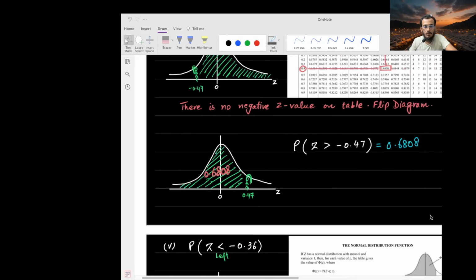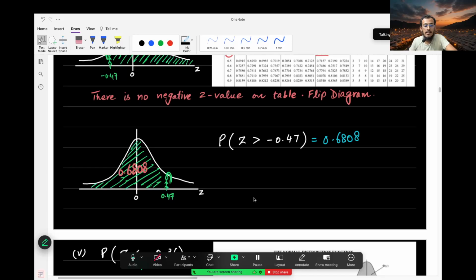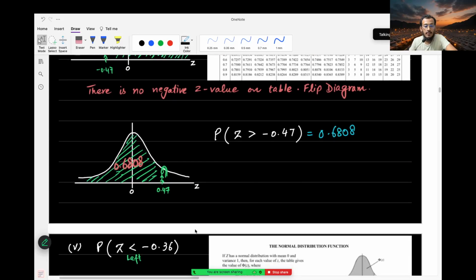Which one should we? Probability z is less than negative 0.36.